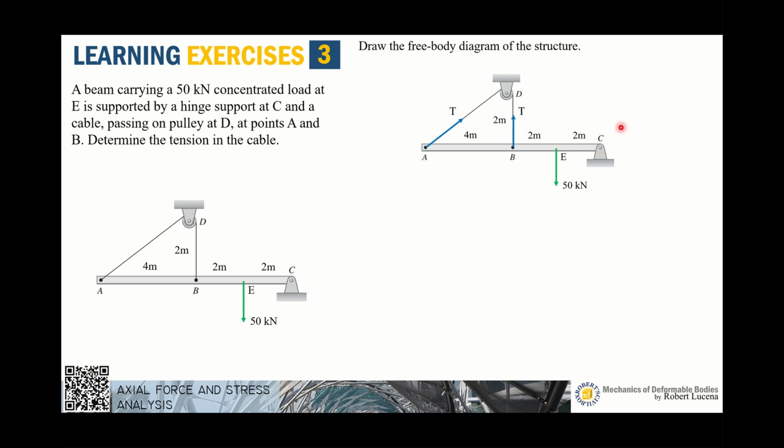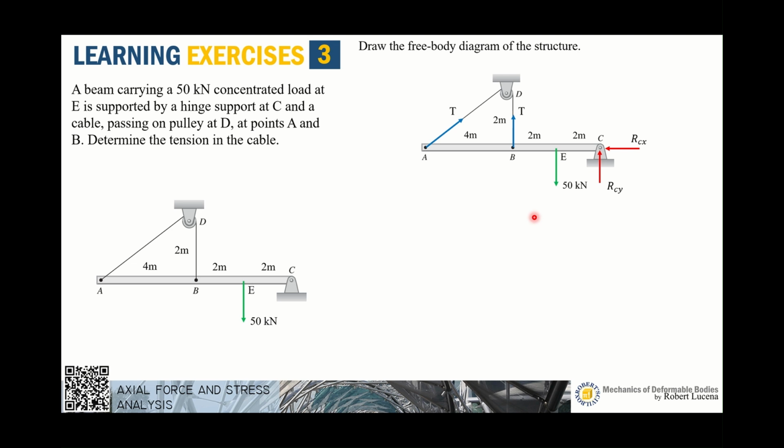So we replace the support conditions with the corresponding support reactions, and observe that this force system is a non-concurrent force system, so we are allowed to use summation of forces along x and y equal to 0, and summation of moment equals to 0.